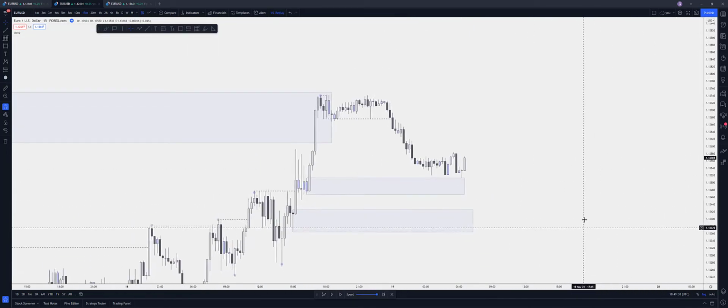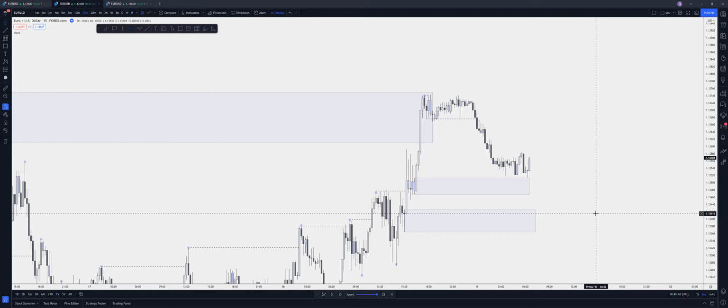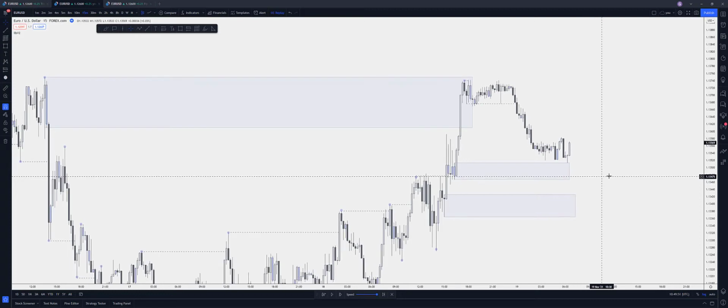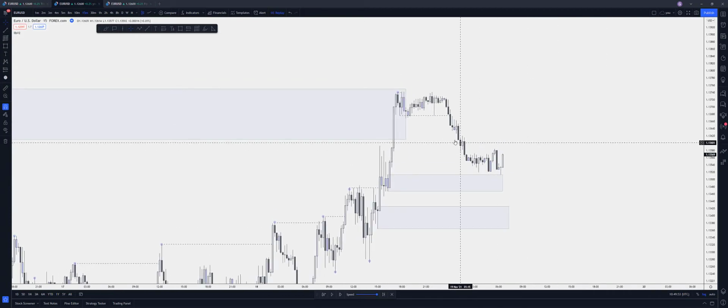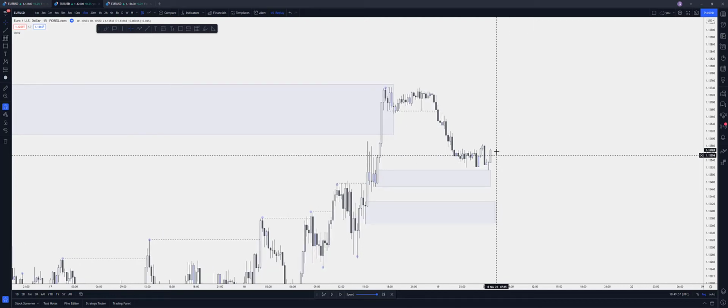Now, what am I looking for in order to continue bearish and to be confident in looking for sells? Well, I want these demand zones to fail. So that could be as much as them being tapped into, like it just about has here, and for it to give a reaction, but then ultimately for supply to take over and for price to continue going down.